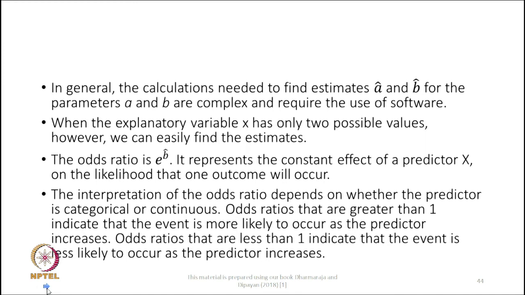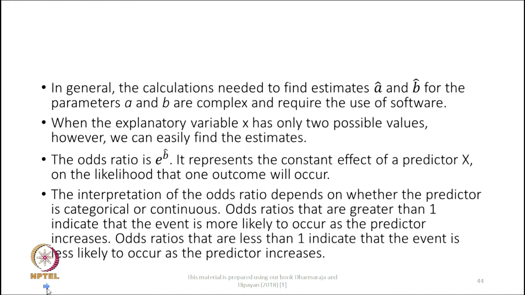Odds ratios that are greater than 1 indicate that the event is more likely to occur. The odds ratio is E power B cap. If that value is greater than 1, then it indicates that the event is more likely to occur as the predictor increases.